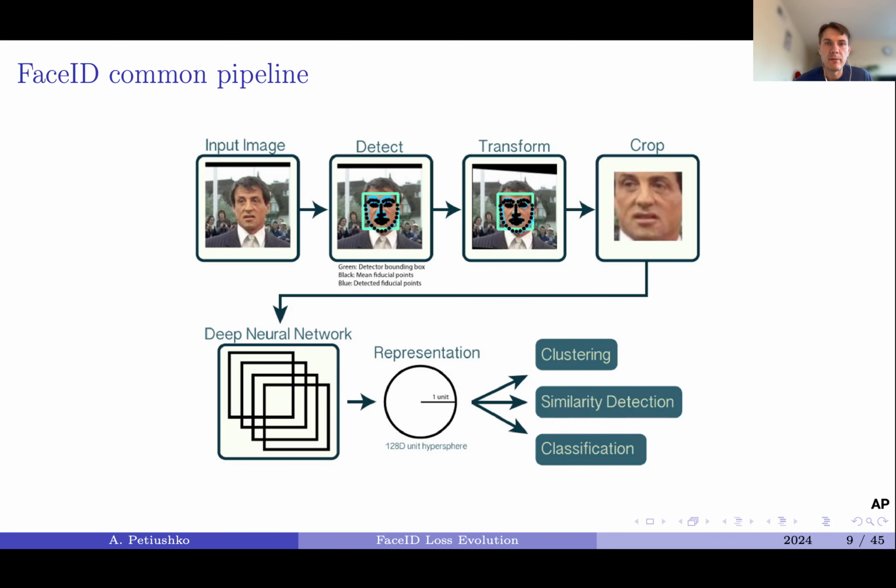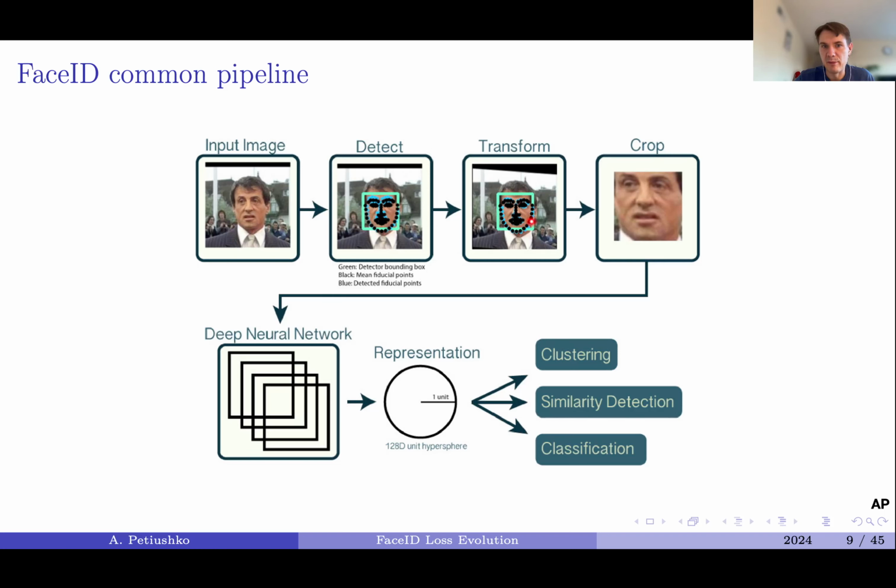The common pipeline is depicted here. We have the input image, then a detection model that detects the face itself on the image, and also some predefined key points. It could be eyes, nose, mouth, eyebrows, etc. Then we transform them to predefined places.